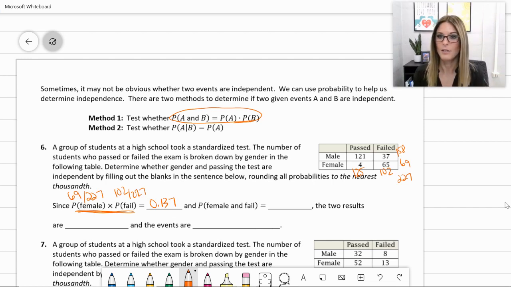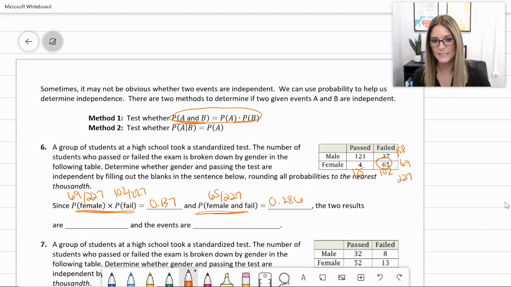Okay, so you would do that scratch work on your own, and in your box on Delta Math, you would plug in that first probability, then continue on with the probability of female and fail. This is that first part of method 1. So I want to find the probability of female and fail. Going up to my table here, that's the 65 out of your total 227. That probability rounded to the nearest thousandths is 286 thousandths.